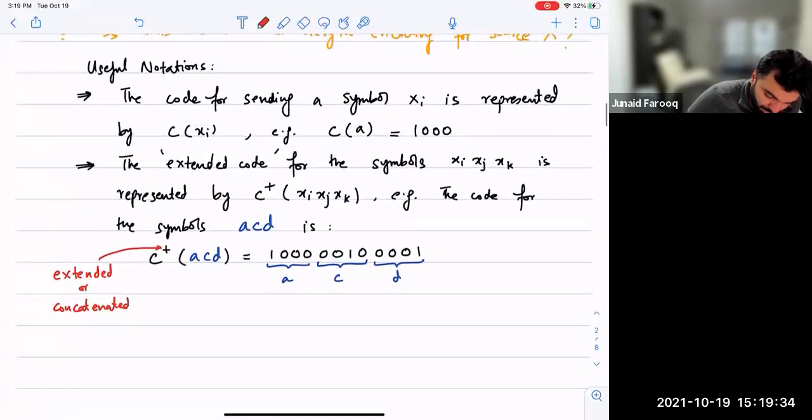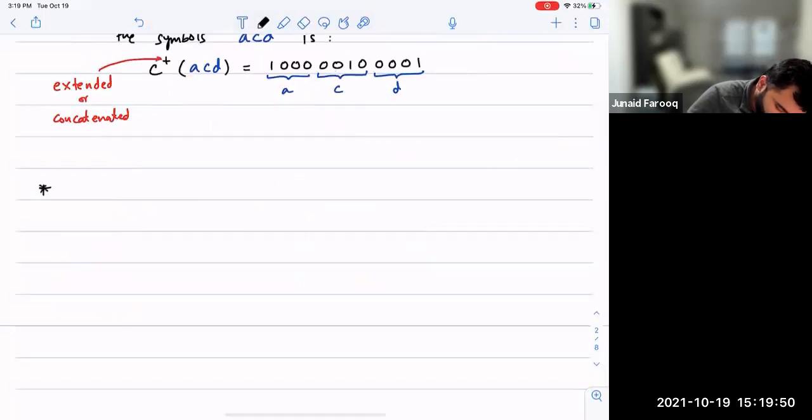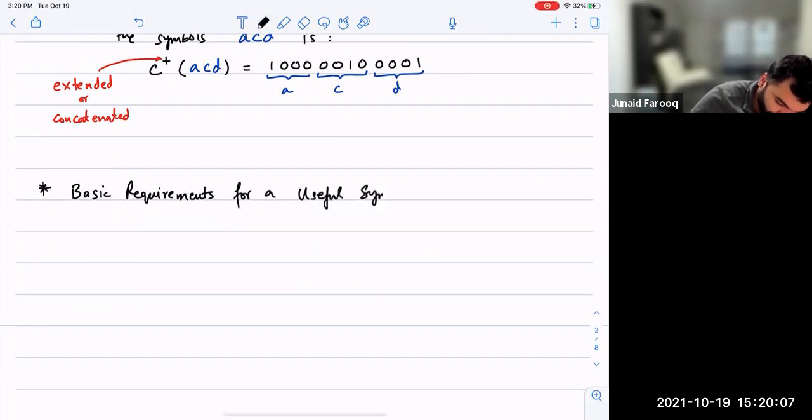Now let's look at how a code should be designed, or what the requirements of a symbol code are when it comes to source encoders. Let's see some basic requirements for a useful symbol code.